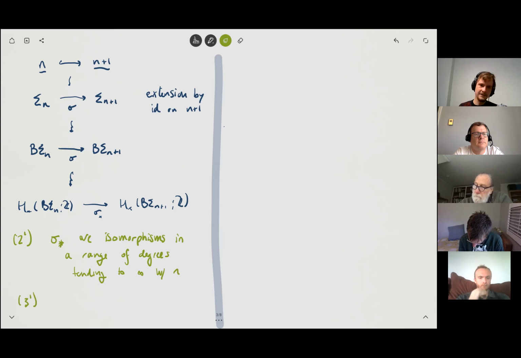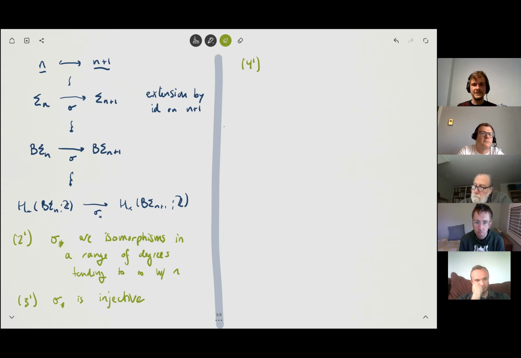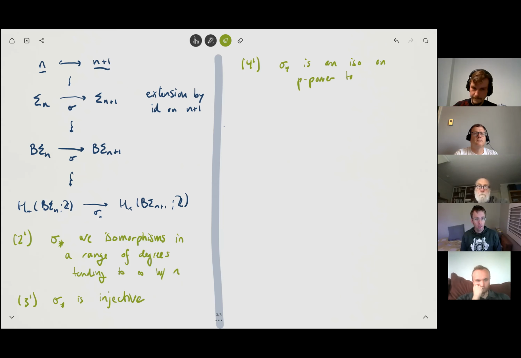So the third statement, which was that these groups don't decrease in size, is probably better formulated as saying that sigma star is injective. And the fourth one, which is about the p power torsion, is that sigma star is an isomorphism on p power torsion, unless p divides n plus 1. Okay.